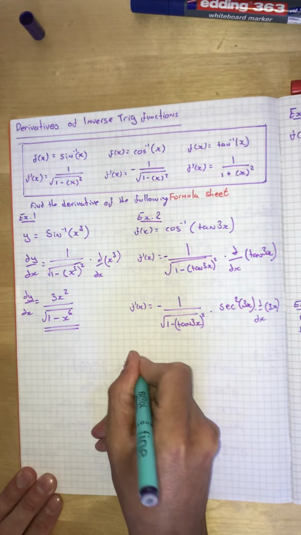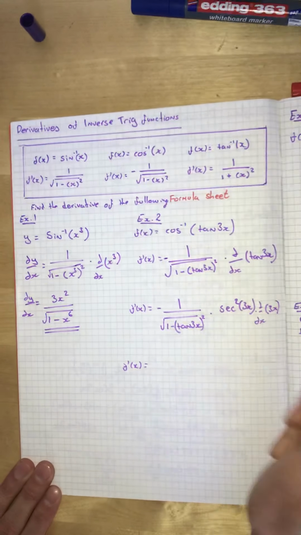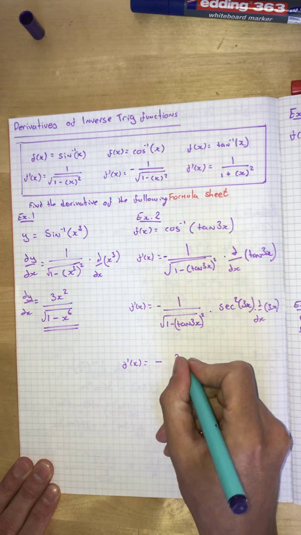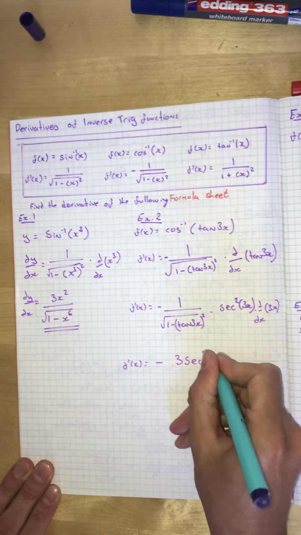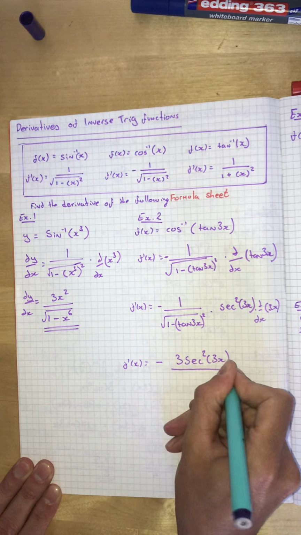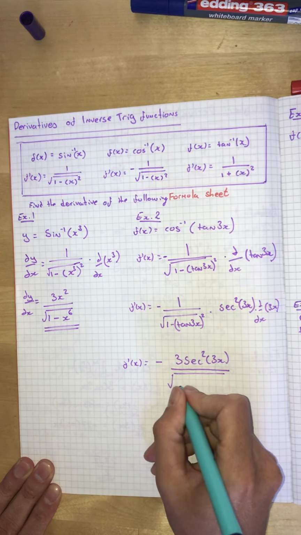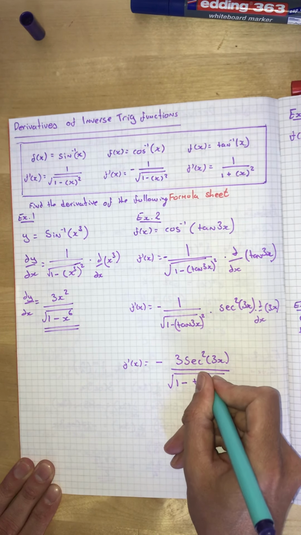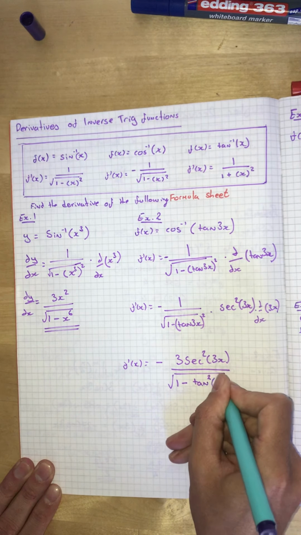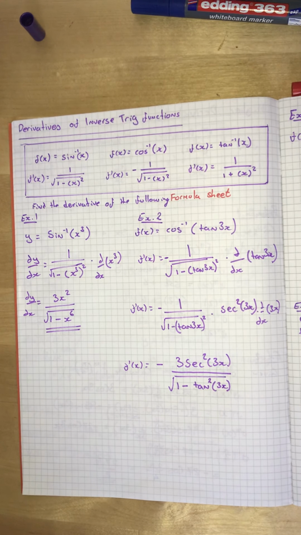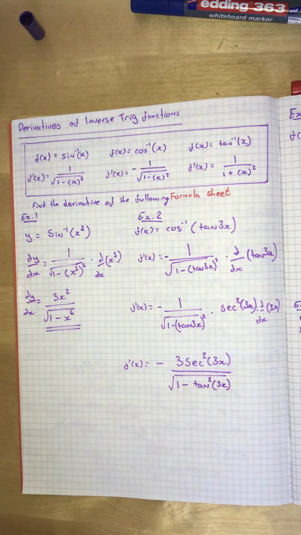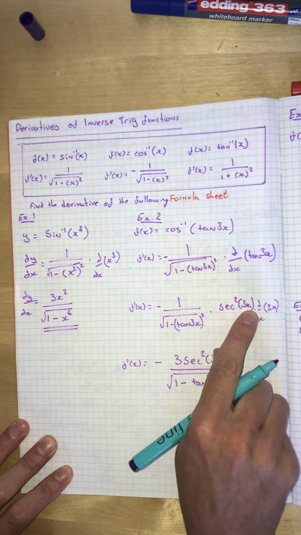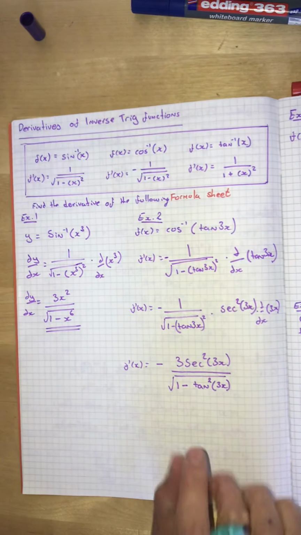So our final answer is going to be, the derivative of that is 3, so we're going to get negative 3 sec squared 3x all over the square root of 1 minus tan squared 3x. Okay, so to be really careful about this, the derivative of the 3, so 3 times the negative times the sec squared x, that's why they all come up on the top, and then that's our answer.